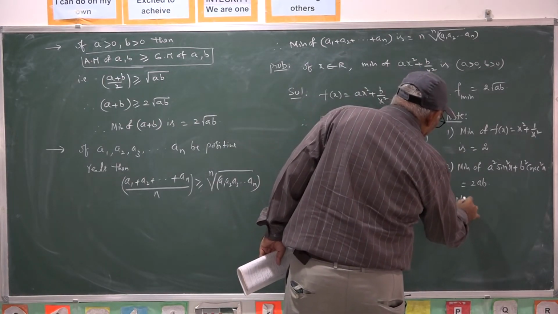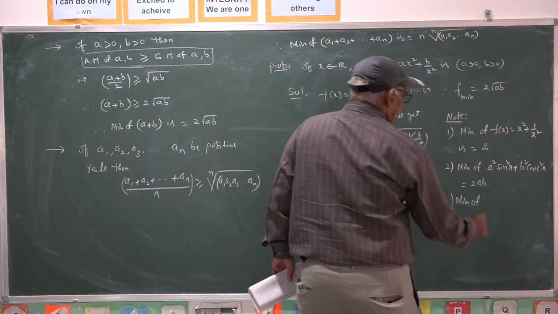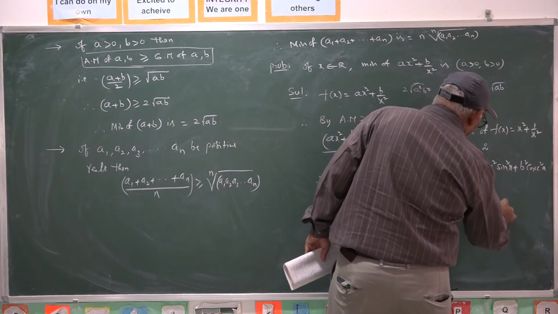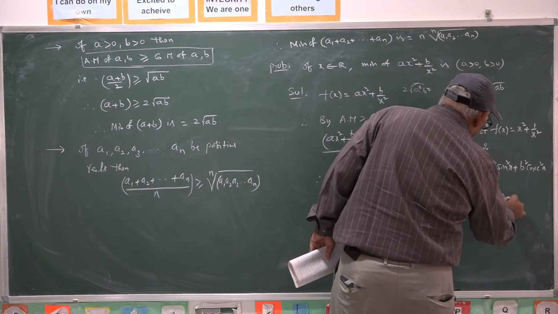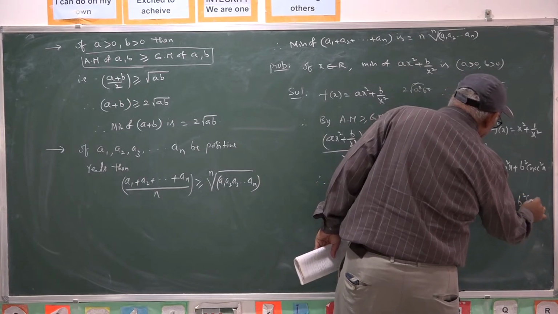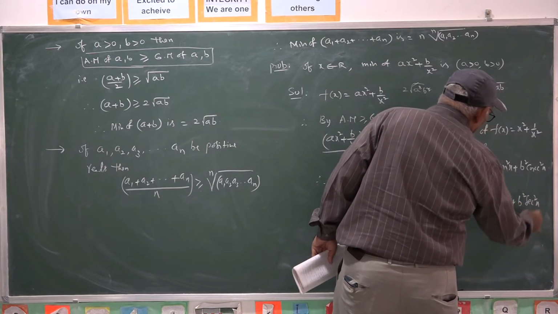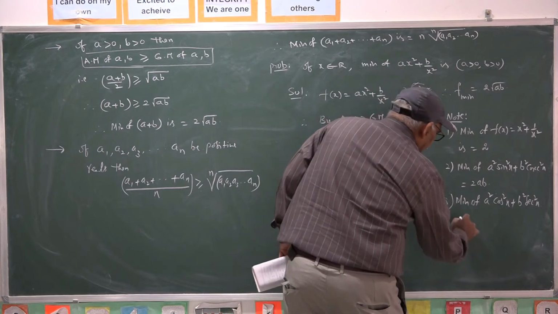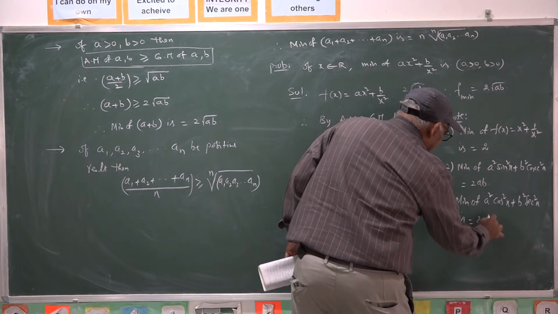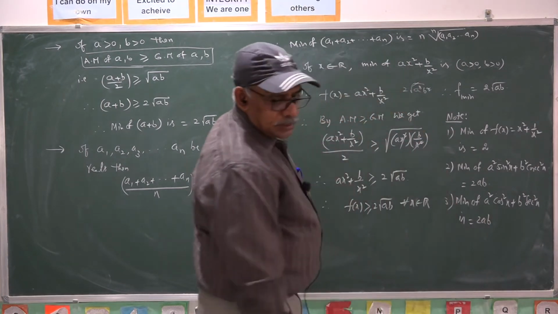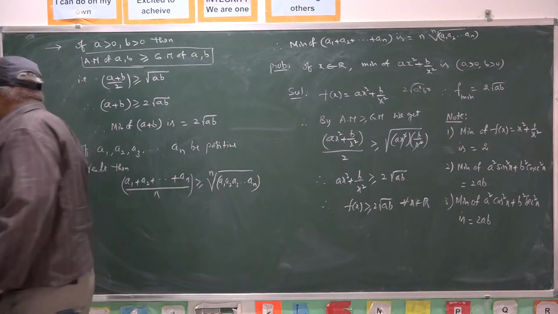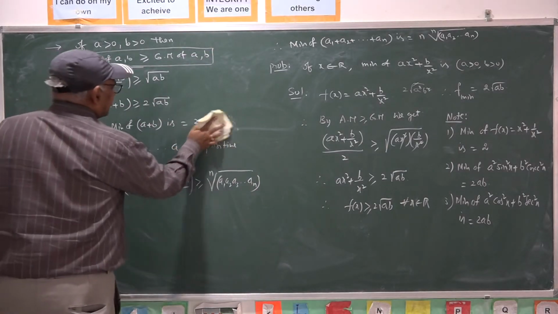Similarly, minimum of a square cos square x plus b square secant square x, one is the reciprocal of the other, that should be observed, is equal to 2ab itself. In such case, we get 2ab.